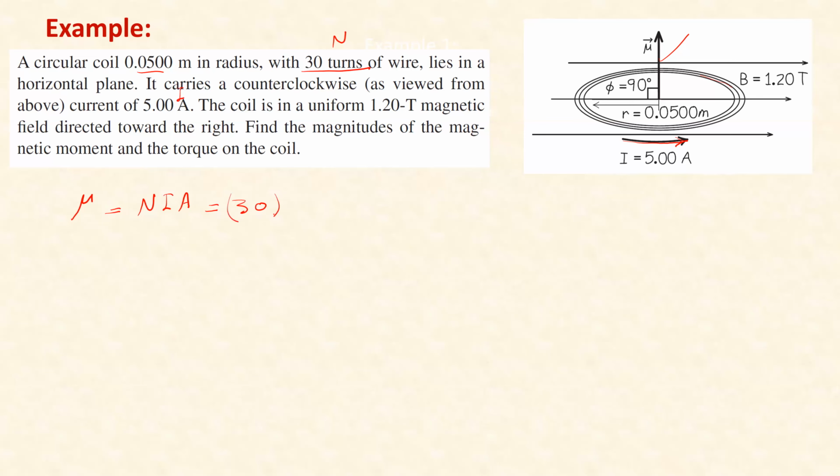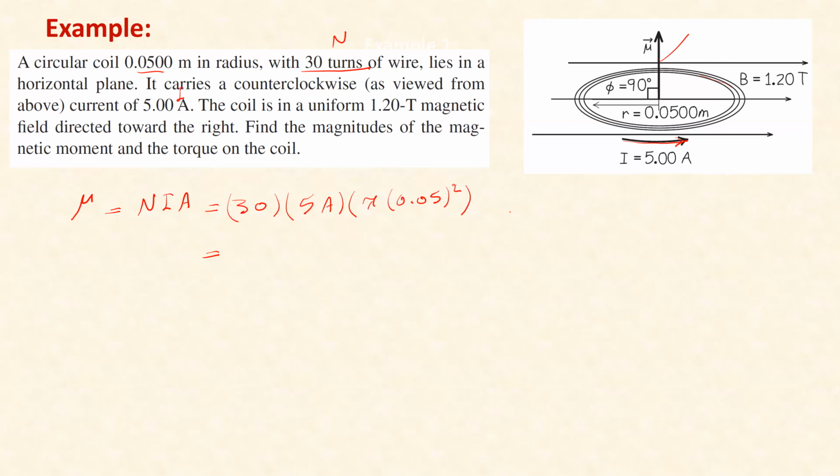So 30 times I, which is 5 amps, times the area, which is pi times 0.05 squared, right? So meter squared. Amp meter squared is the unit of mu because it is current times area.